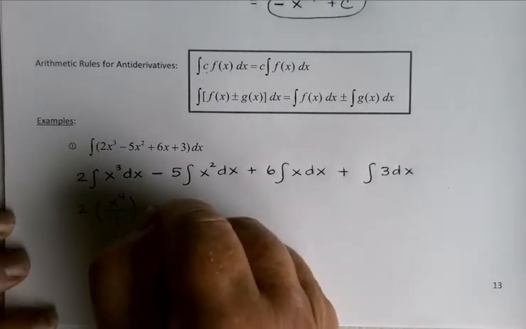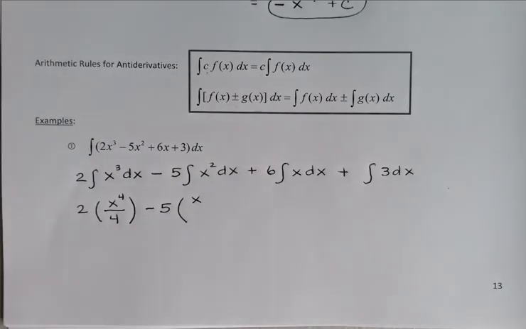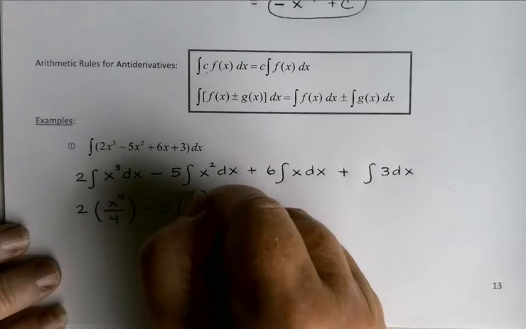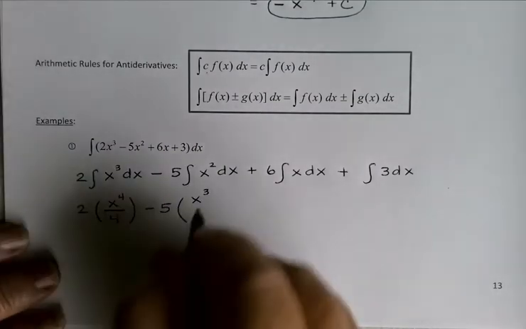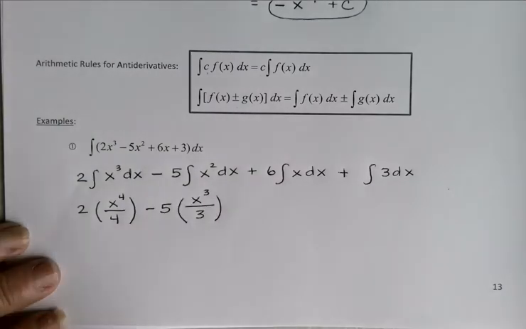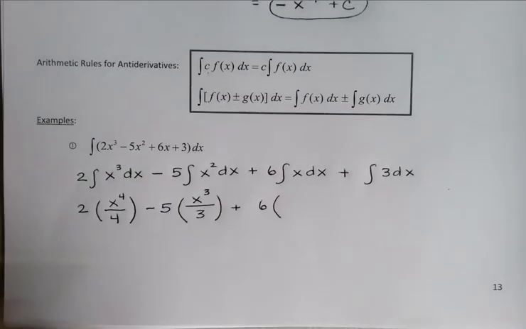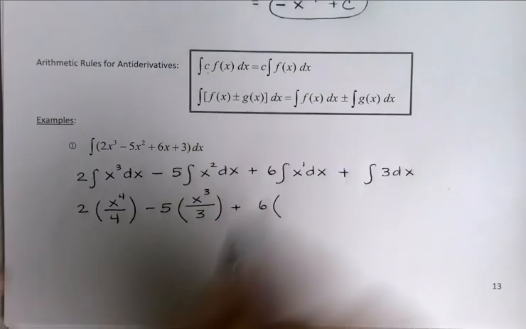I then have subtract 5 times. Again, using this power rule, that's going to be x to the 3rd power when I increase my exponent, divided by 3, plus 6 times. And keep in mind, that's really an exponent of 1.